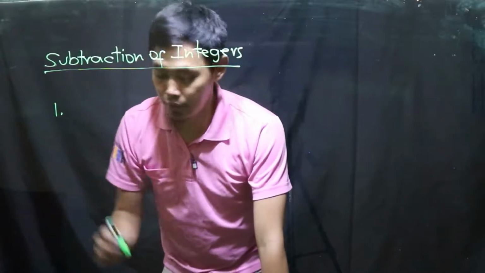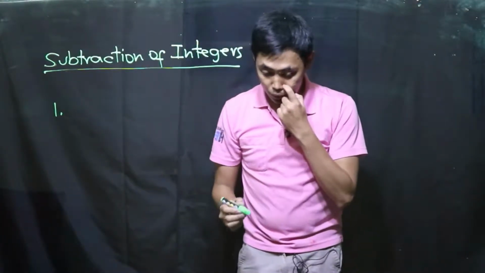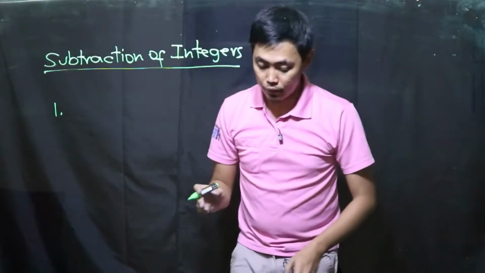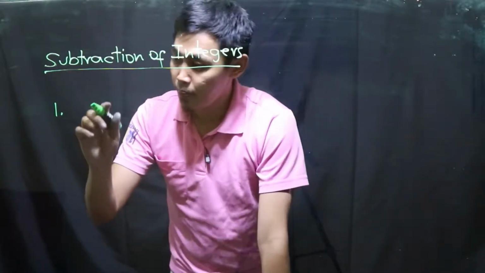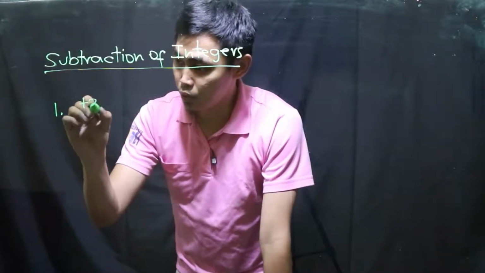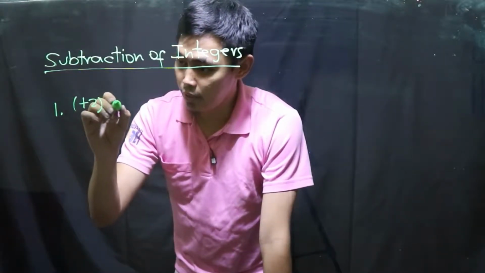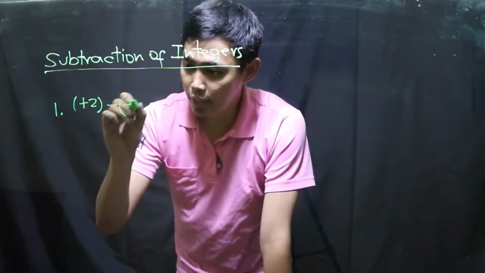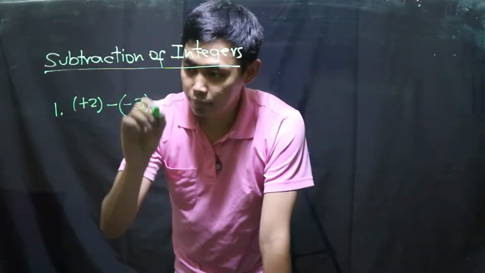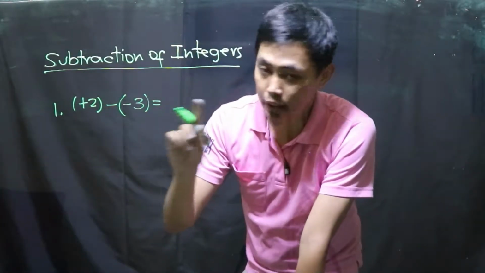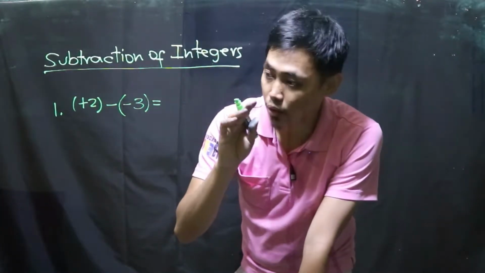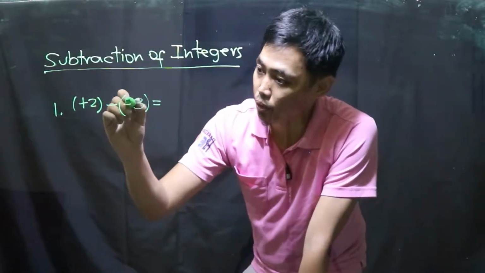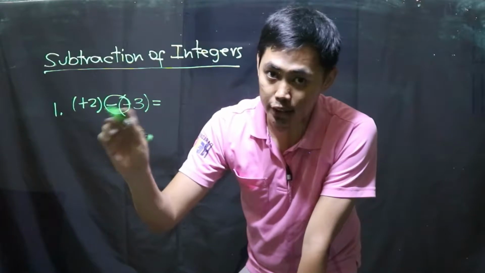So in doing subtraction of integers, the first thing that you will need to consider is the signs at the middle part of the equation. So for example, if I have positive 2 and that would be minus, and then I have here negative 3. So the signs that you will need to look for are the two signs in the middle.